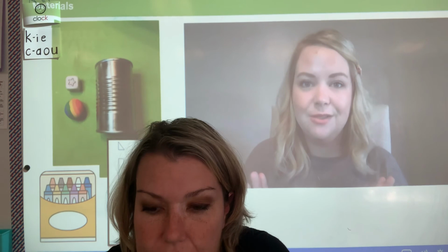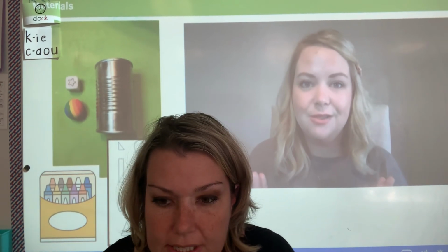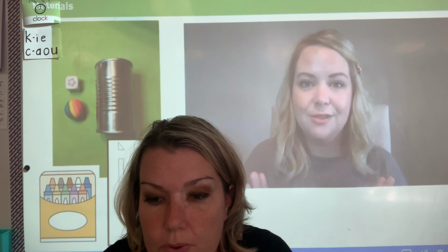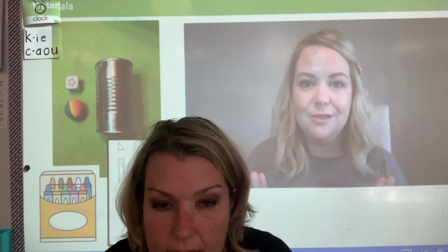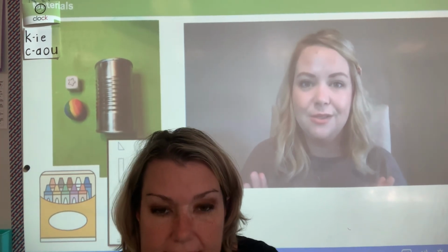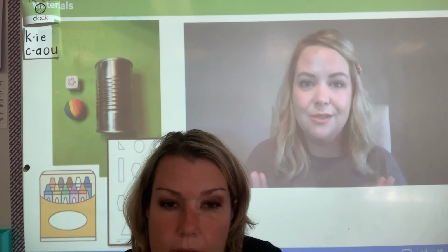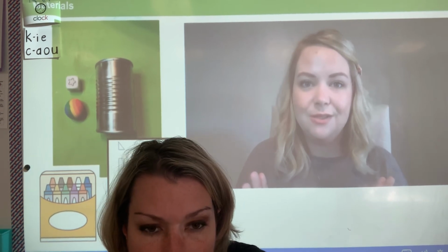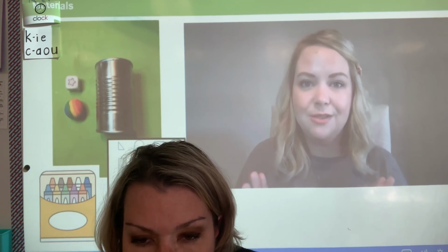Yes, 217 is today's problem set. Very good. Do not cut out these shapes. Remember, she said that. We're not going to cut out these shapes in our problem set. We're just going to use them when we're sorting, okay?